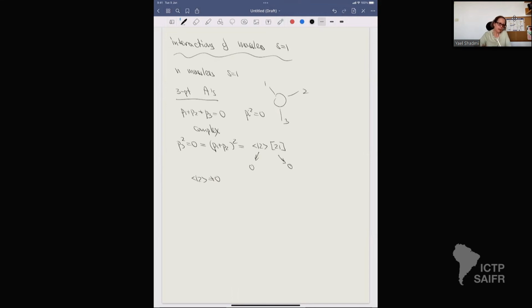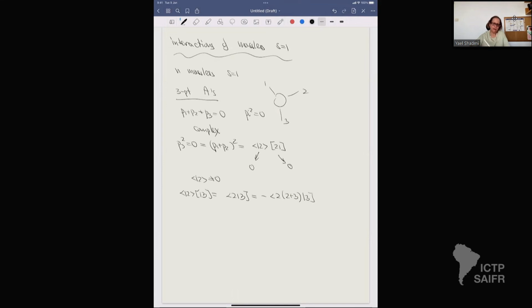Now let's look at [1 2] ⟨1 3⟩. I can write this as [2 1 3], just like we did for Compton scattering. And now I can use momentum conservation, so I can replace 1 by 2 plus 3.